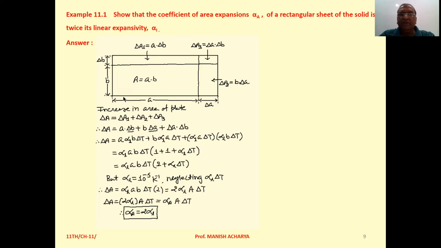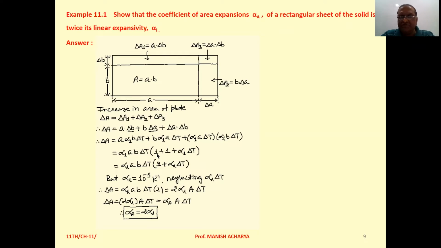But for this particular linear expansion, delta B is alpha L B delta T. For this linear expansion delta A, we can write delta A is alpha L A delta T. Then delta A into delta B is alpha L A delta T into alpha L B delta T. Now from these three terms we can take alpha L into A into B into delta T common.